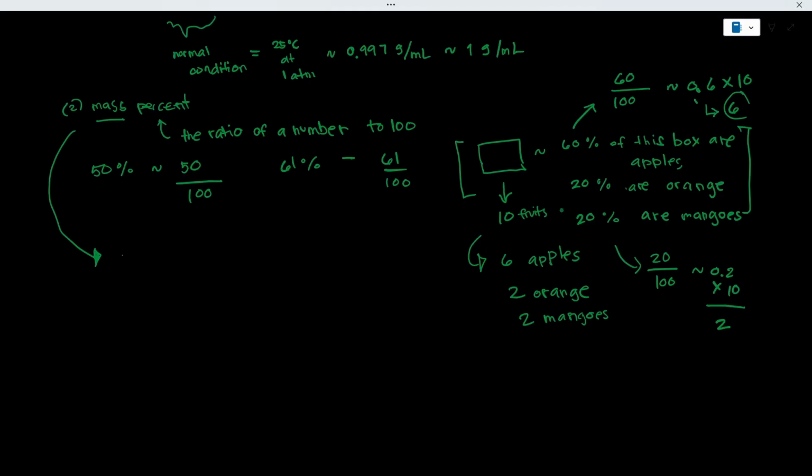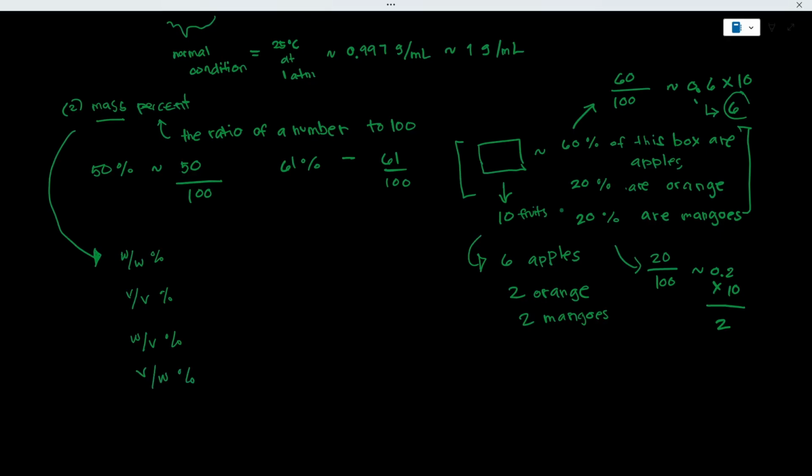We have mass percent, also indicated as weight per weight percent. We also have volume percent or V per V percent, and weight per volume or volume per weight percent. So these four are different.